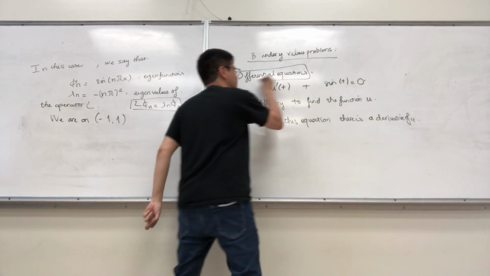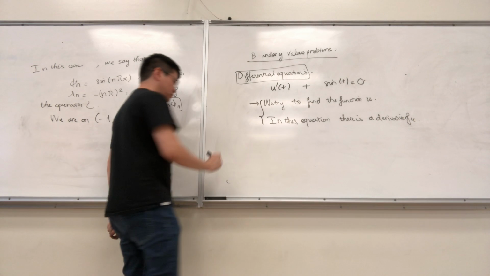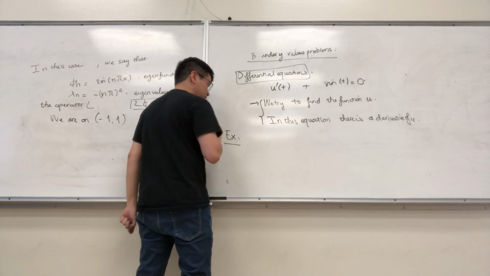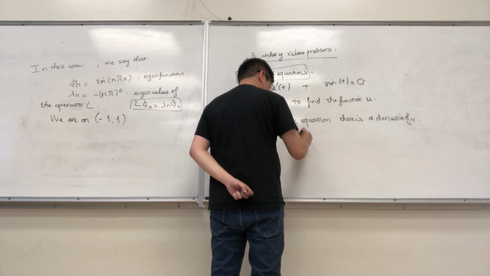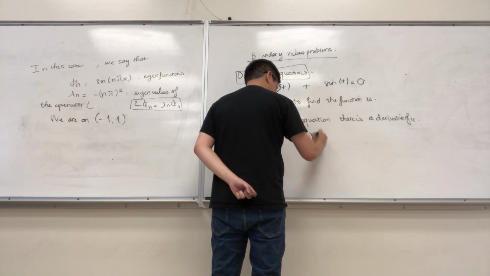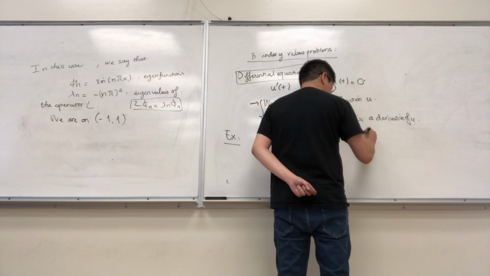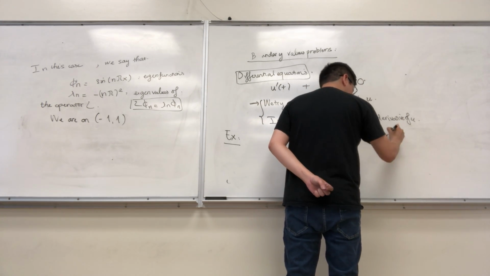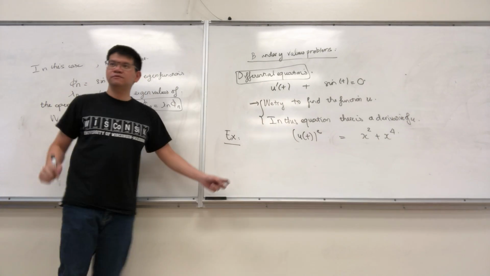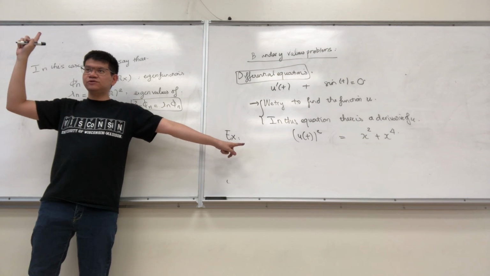All right. Now, example. Suppose that you try to solve u(t) squared plus something is equal to x squared plus x to the power 4. Is this a differential equation?